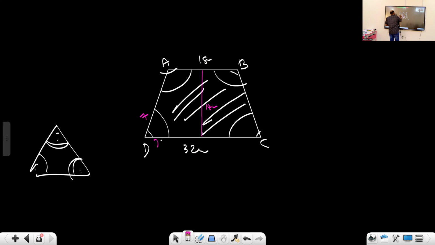It should be equal radius only, then only you'll get a circle. If it is a different radius, you won't get a circle. Be careful. The question is the area of the shaded region. Area of the shaded region equals area of trapezium minus area of one circle.